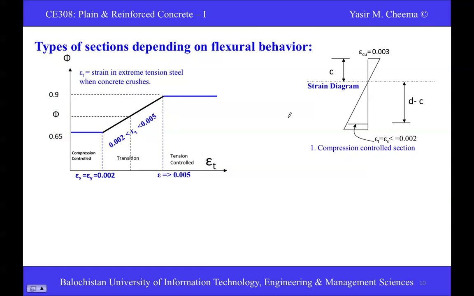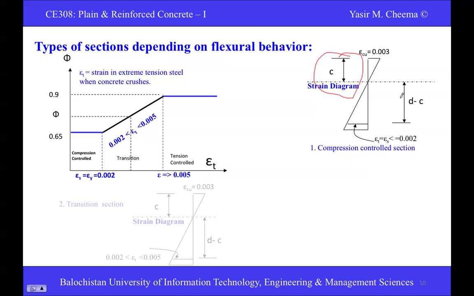Here is the compression control section, and you can find this one. This is the strain diagram. This is the depth c of the section, and this one is d minus c, of course, the remaining one.